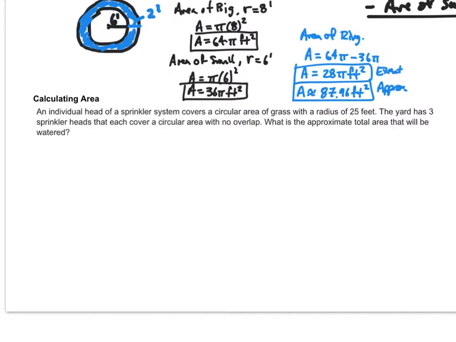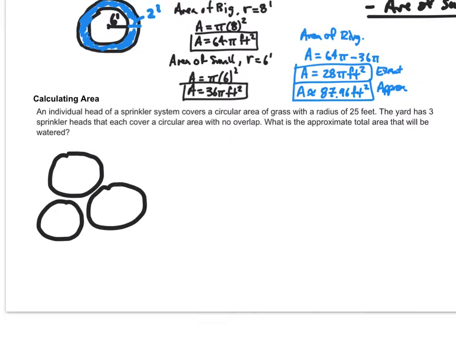So what we have here is 3 sprinkler heads that cover a certain area. I'm going to draw this area here, and they don't overlap.